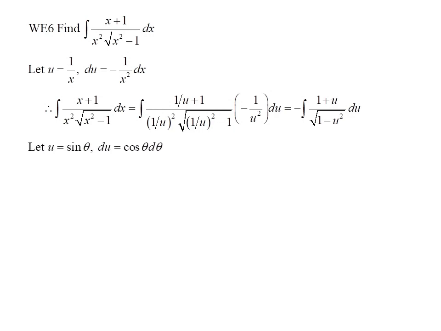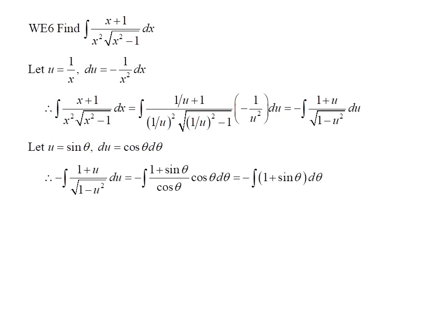Again, here we let u equals sine theta, which gives du equals cos theta d theta. Hence, negative integral of (1 plus u) all over the square root of 1 minus u squared du is now written as negative integral of (1 plus sine theta) all over cos theta times cos theta d theta, which is simplified to negative integral of (1 plus sine theta) d theta, which equals negative theta plus cos theta plus c.